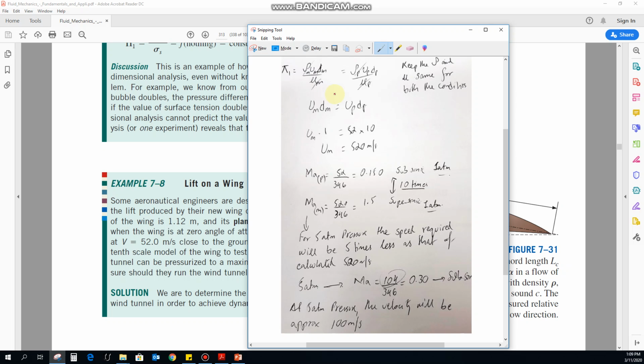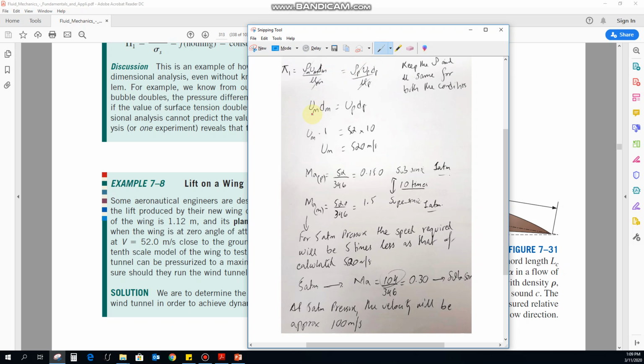Now for this particular example, if we use the Reynolds number to get the similarity between the model and the prototype, we can have the equation rho for the model, u for the model, d for the model, and viscosity for the model. So this is the Reynolds number for the model, and on the right hand side we can have the Reynolds number calculation for the prototype. So you can cancel out the terms that are same.